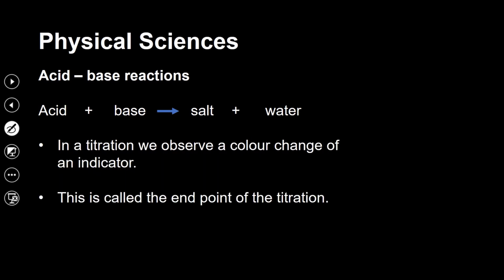Furthermore, we must be reminded that in a titration, there is an observed color change of an indicator. The color change is only possible once, in the reaction between an acid and base, we have added a suitable indicator. So at the time when there's a color change, we've reached what is called the end point of a titration. So end point is another key term as far as acid-base reactions are concerned.